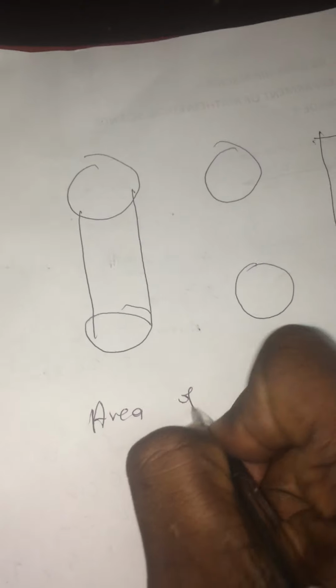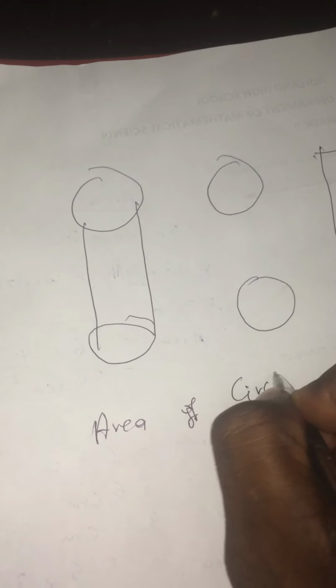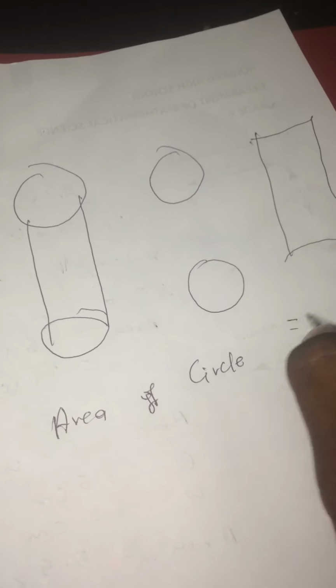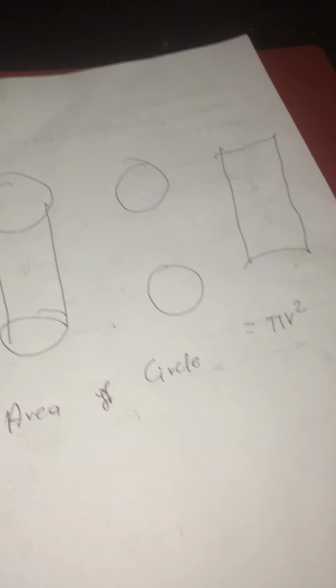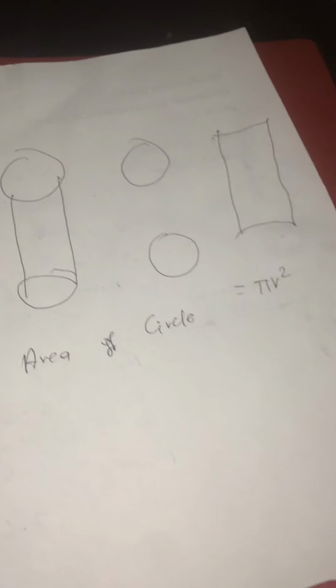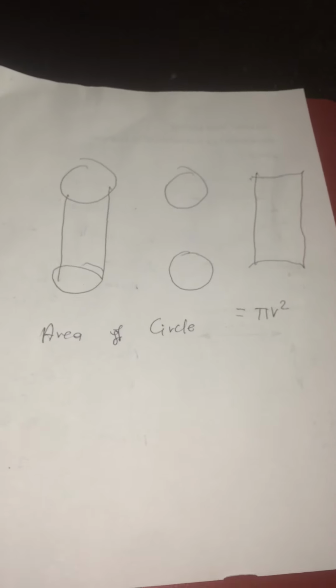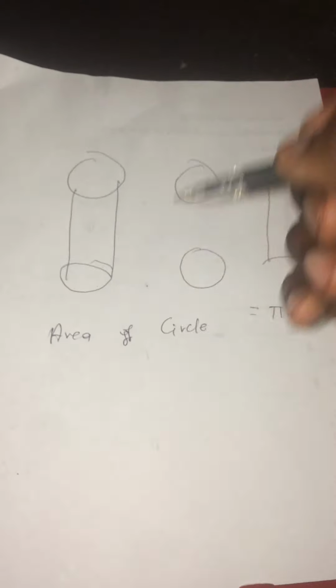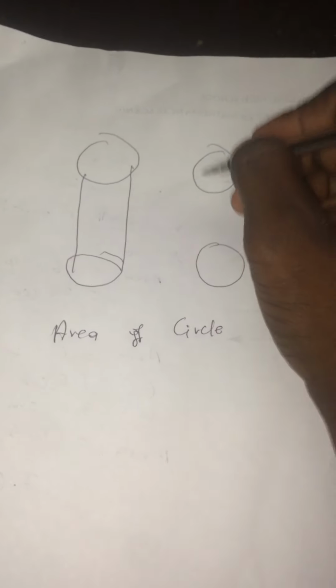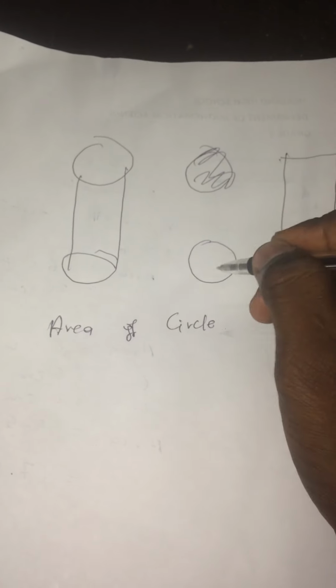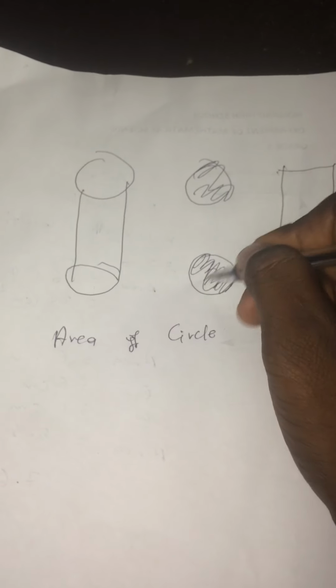So what you guys need to remember is that the formula for the area of a circle is pi r squared. Since we're looking for the formula for this cylinder, we're going to have to find the area of these two circles, and both circles are the same.